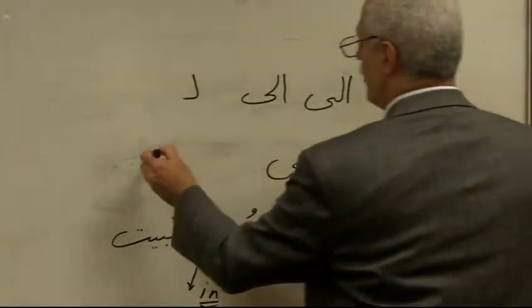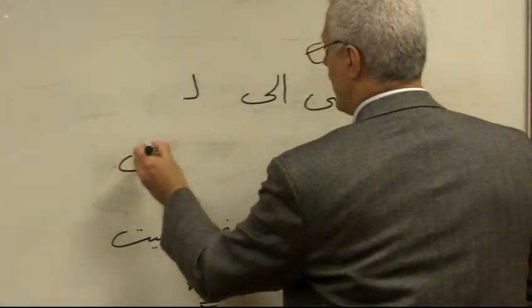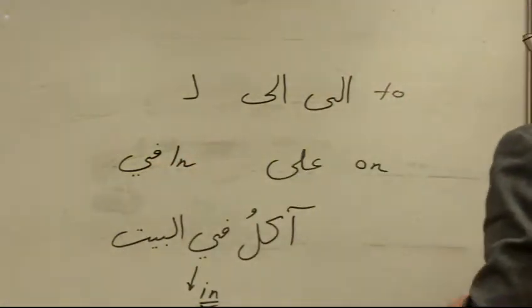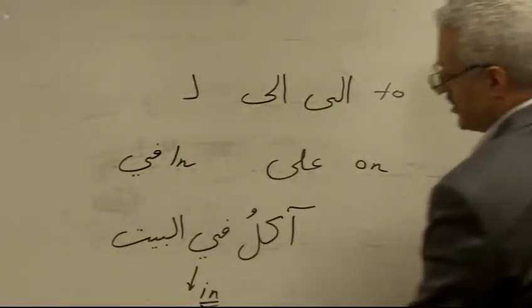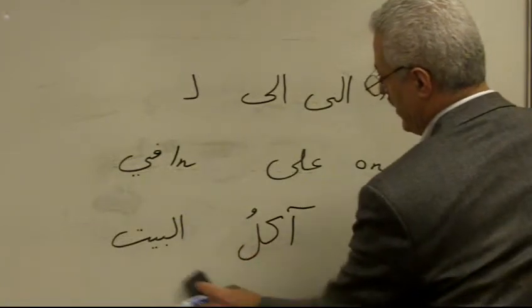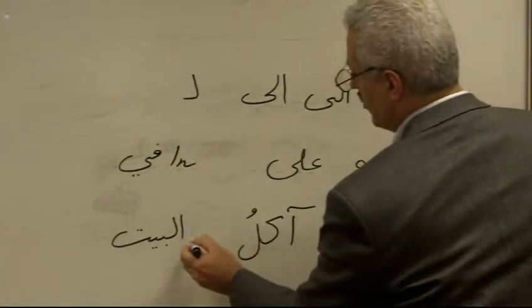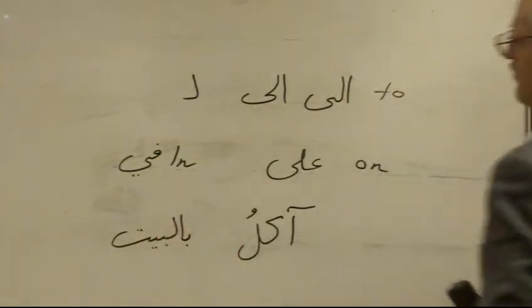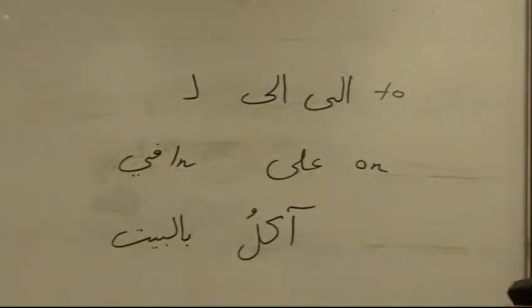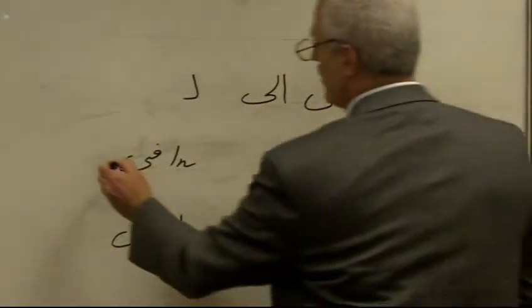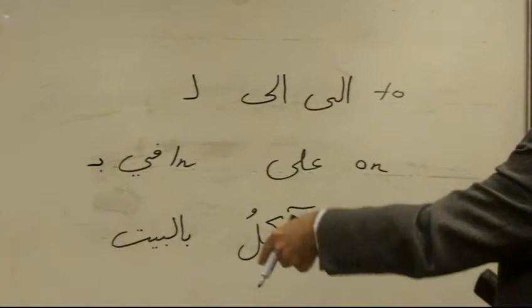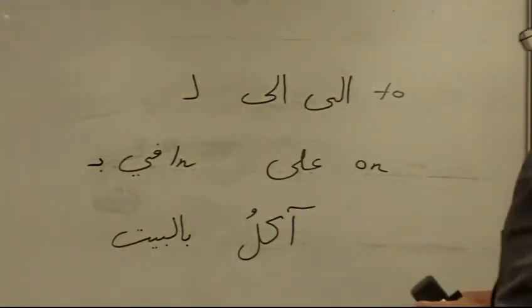You can use another preposition for this. Just remove the fi and put آكل بالبيت, I eat in the house. So those letters, ba, if that's connected to a word, it means in whatever you're talking about.